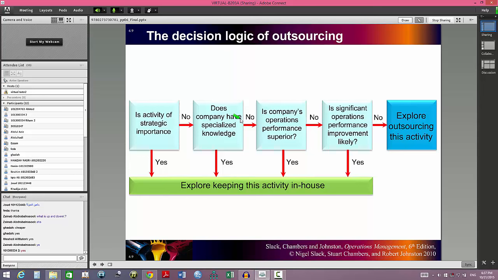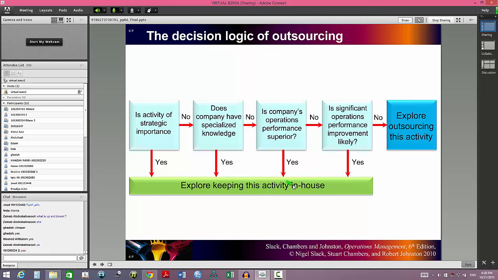Then you need to explore making the activity in-house. Otherwise, ask yourself the third question. The third question is related to the operation performance. If you are super in operation performance, then keep it in-house, because you do not know whether the operation will be at the same level of performance when you outsource it. Then you need to keep it in-house.